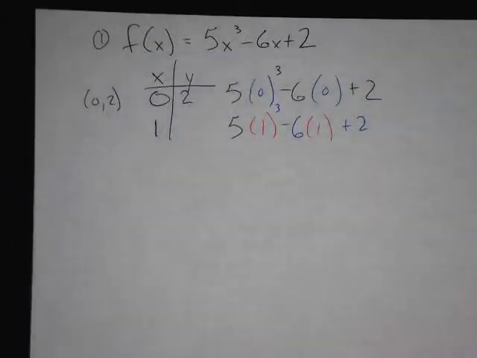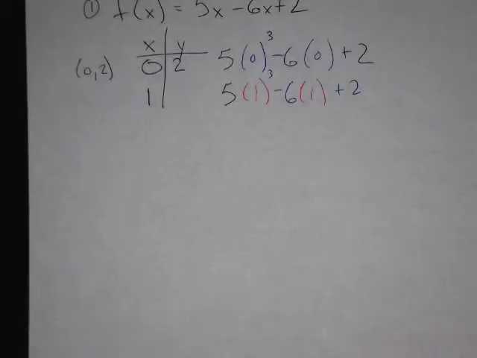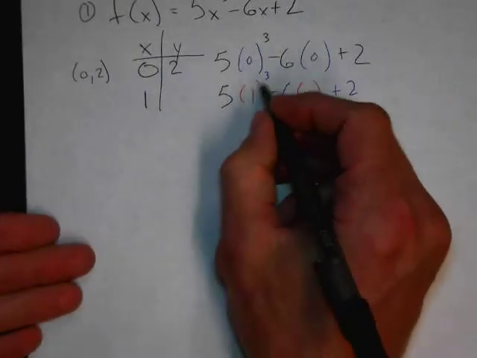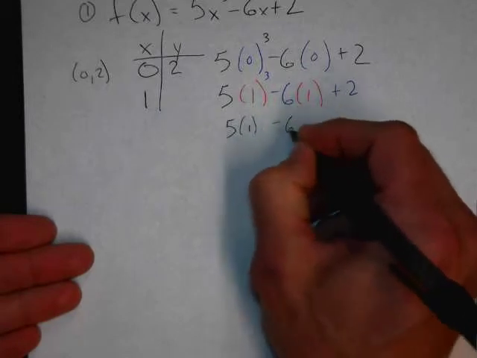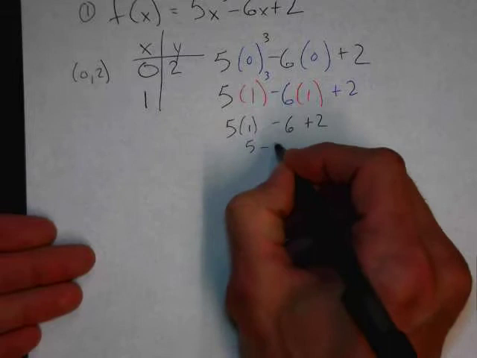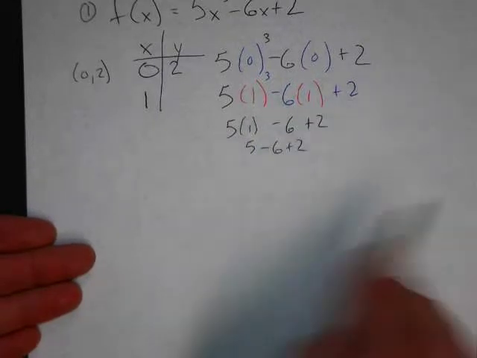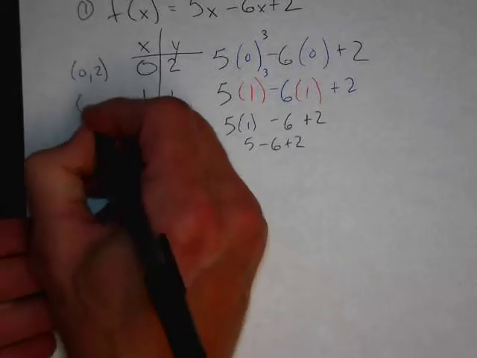So we can start crunching numbers. Now it's just like in the previous lesson, we now have order of operations and we can perform some stuff. 1 to the third power is 1. So we're looking at 5 times 1. 6 times 1 is 6, and then plus 2. 5 times 1 is 5, so we have 5 minus 6 plus 2. Therefore, it would give us negative 1 plus 2, which is 1. So now we have another ordered pair at 1, 1.